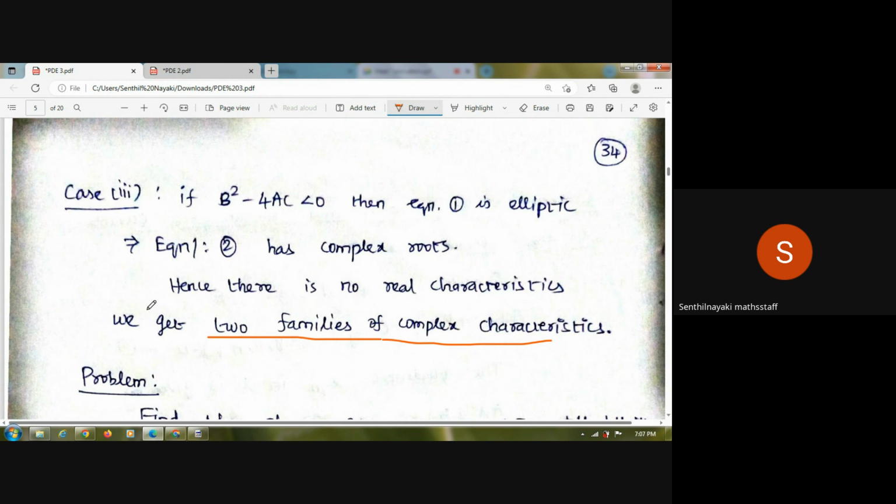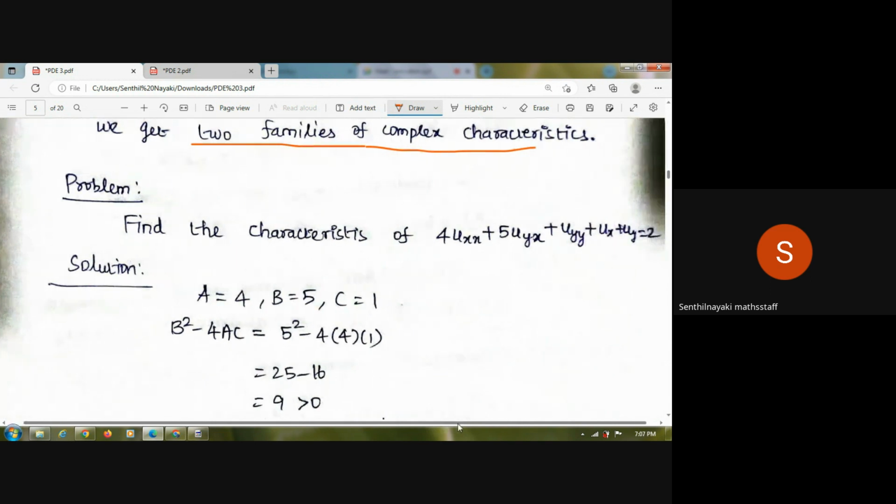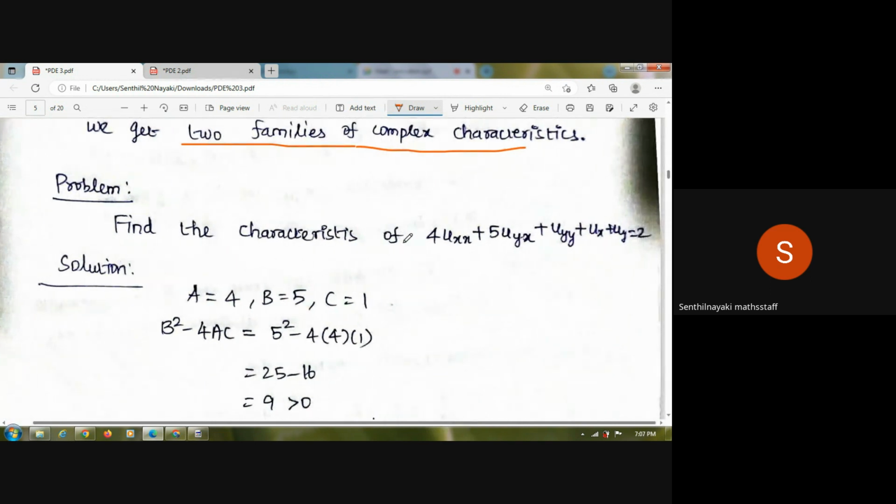So in the subject PDE, canonical form is an important topic. So we will discuss the canonical form in the next class. Now we are going to discuss some examples for this characteristic equation and characteristic curve.